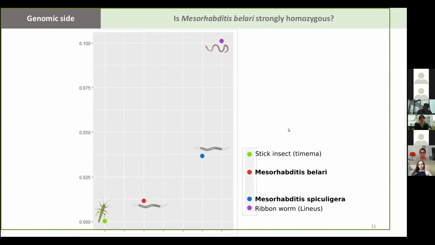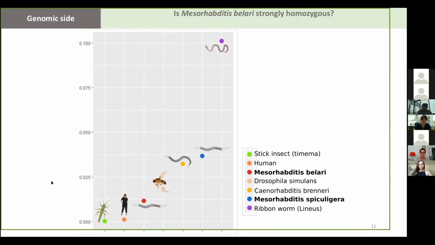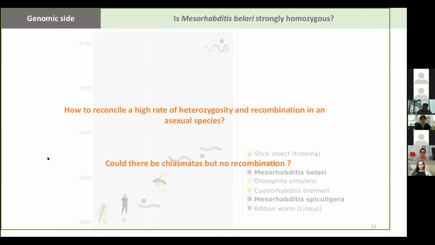And our two species, Mesorhabditis belari and spiculigera, are in the middle of the graph with 1% for Mesorhabditis belari, which is lower than spiculigera, but is not very low. And if we compare to other species with other modes of reproduction, these two species are in the normal range of heterozygosity.